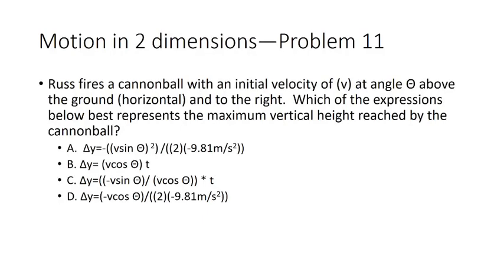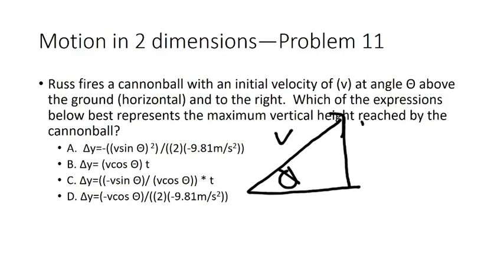So what we want to do in this case is draw in that velocity. So this is v, and it's at an angle of theta. We want to resolve this velocity into components. So we're going to draw down a vertical right here. I'm going to call this vy, the vertical component, and this one vx, the horizontal component. Solve out for both.